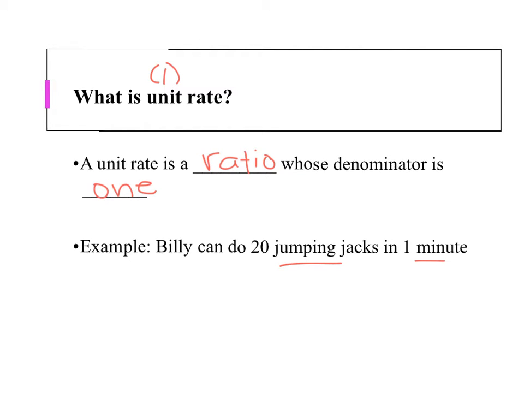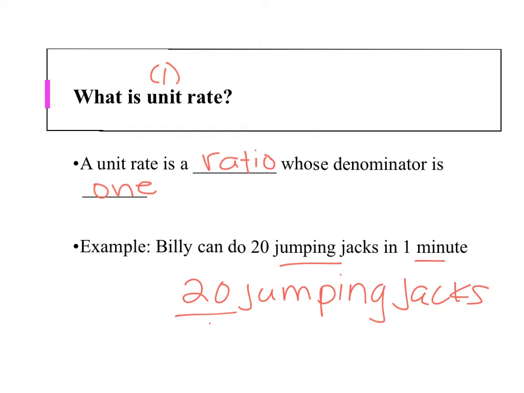So this example is, we're still talking about Billy. He can do 20 jumping jacks in 1 minute. So since down here we have a denominator of 1, this would be a unit rate. It's also a rate, but it's a unit rate.